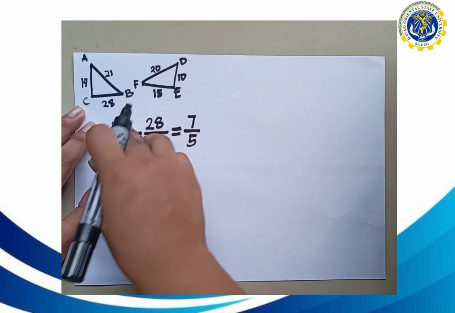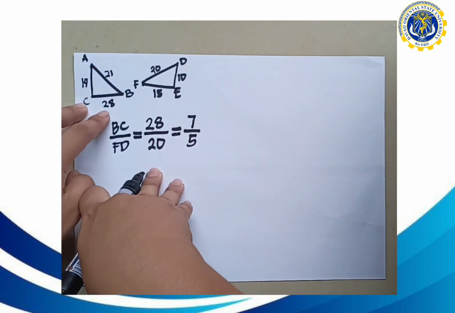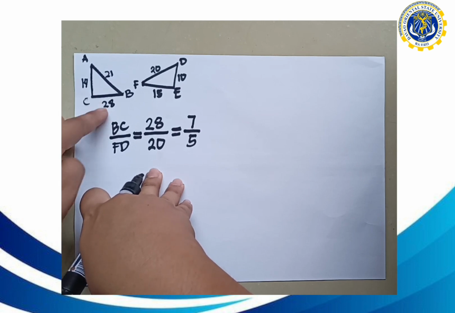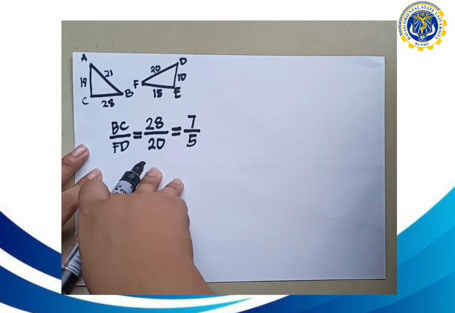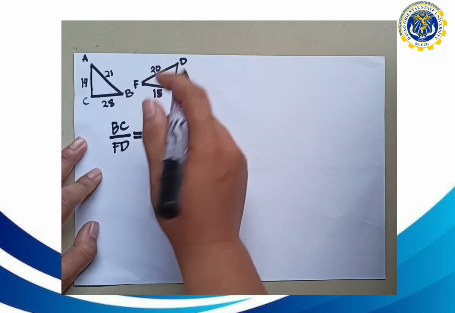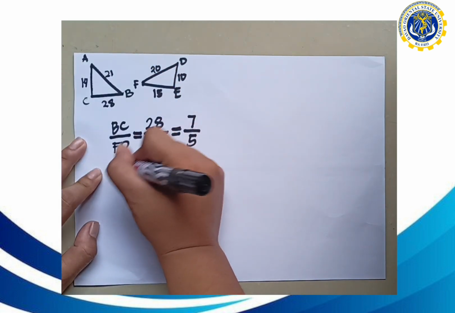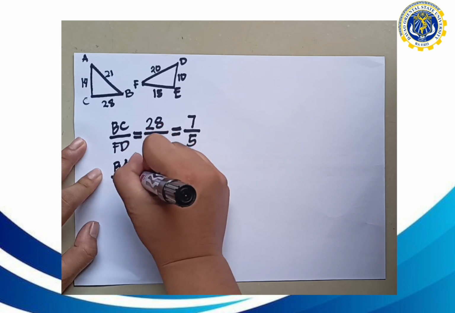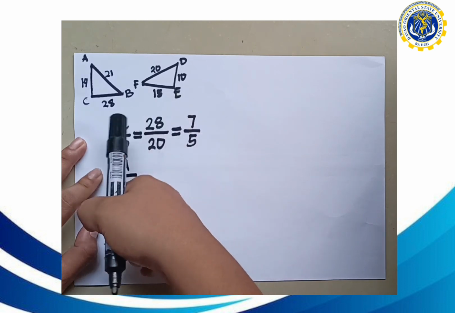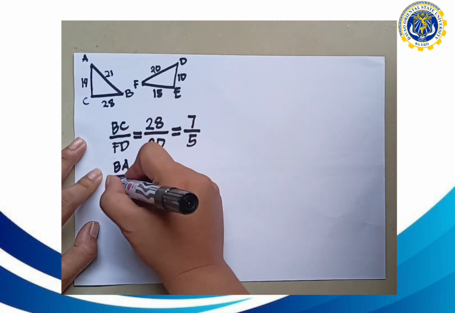Next are the second longest sides. So we have BA over FE.